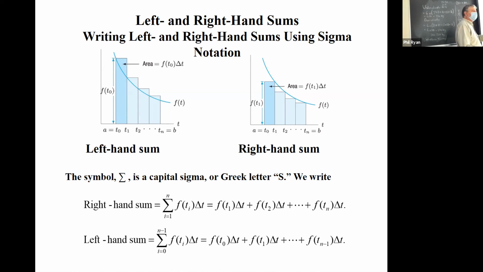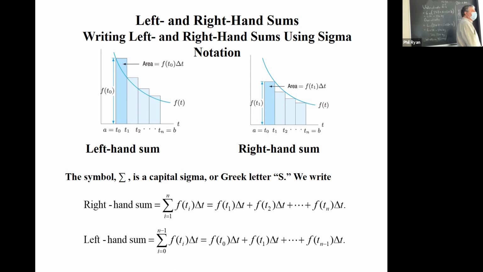But the height is going to vary, and the height is going to be the value of a function at some point. Here, this is how you do a right-hand sum, where you use the right point of each interval. So you go from T1 to Tn. And this is the left-hand sum formula. It goes from T0 to Tn minus 1. That's just a technical detail.